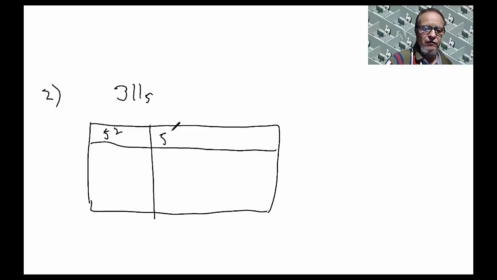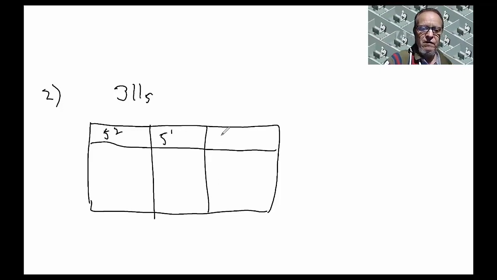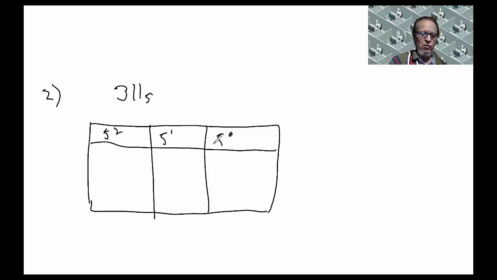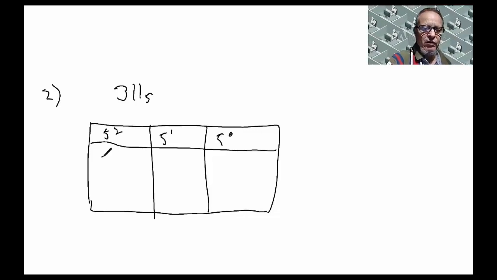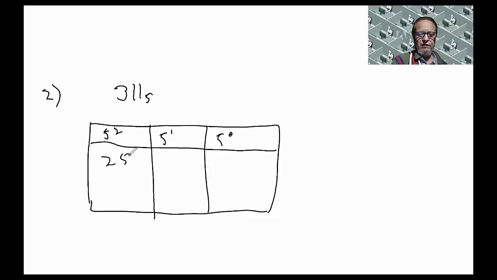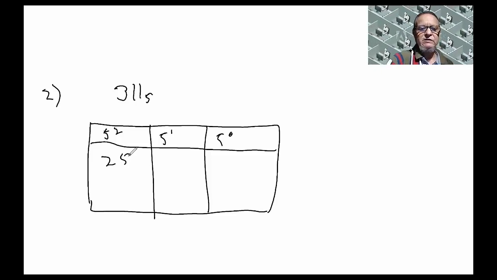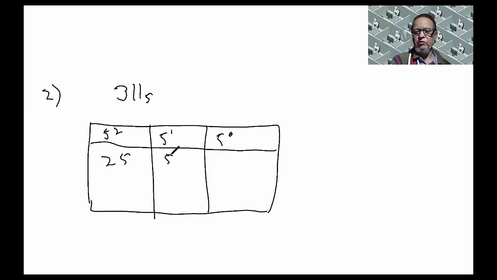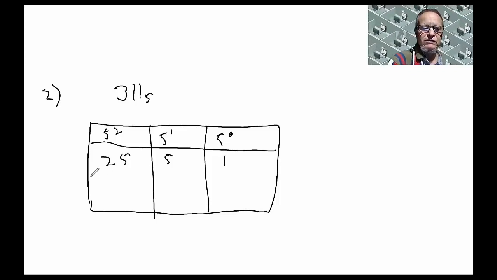And I have 5 to the 1, 5 to the 0 power, and 5 squared is 25, like we saw with the flats. 5 to the 1 is 5, like we saw with the rods, and 5 to the 0 is 1s, like we saw with the units.